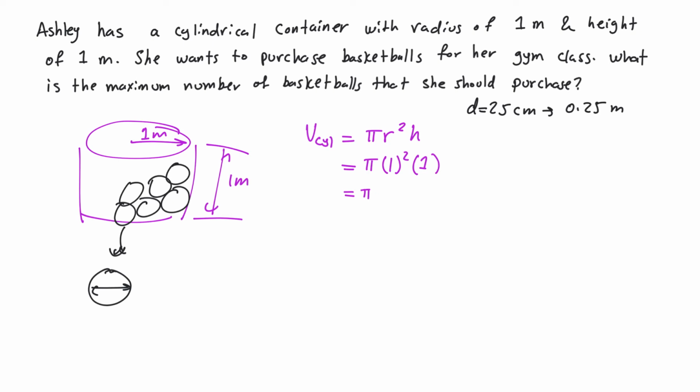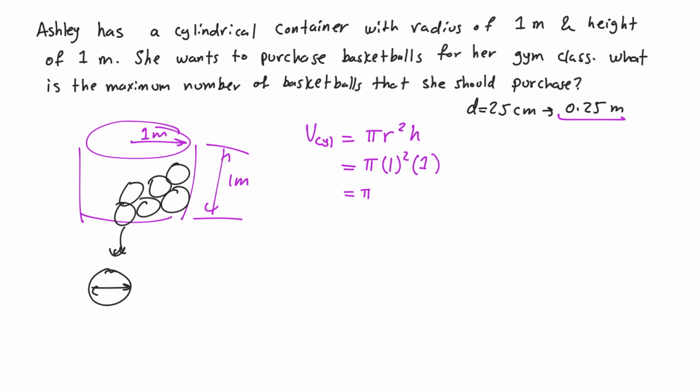Now, for the sphere, which is the shape of a basketball, we know that the diameter is 0.25 meters. Make sure that you change the unit to meters, because if you plug in centimeters, then you have to change units later, but if you change the diameter into meters right away, you will have a little bit less work later.